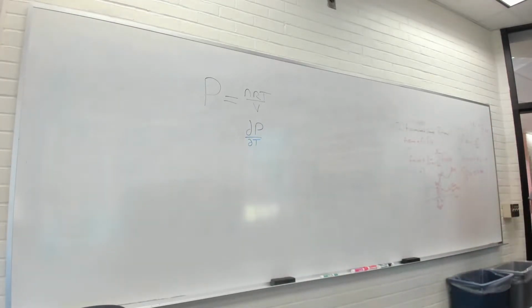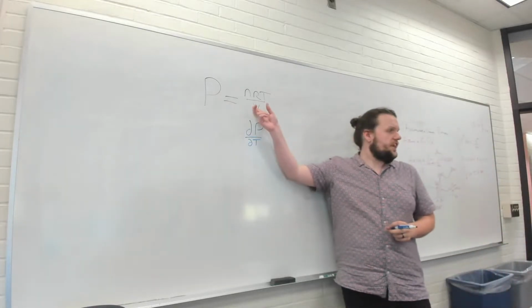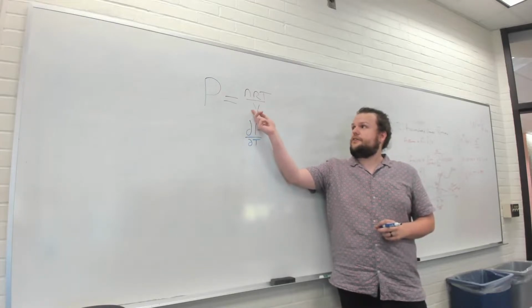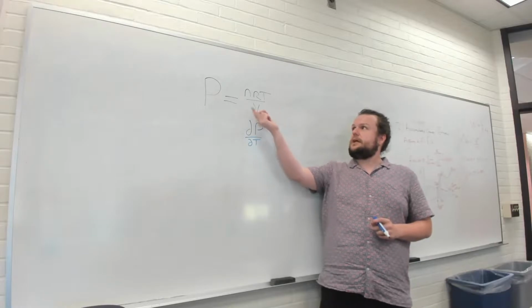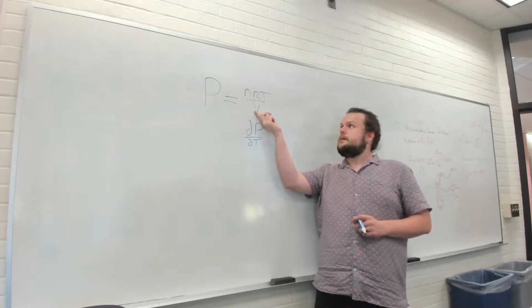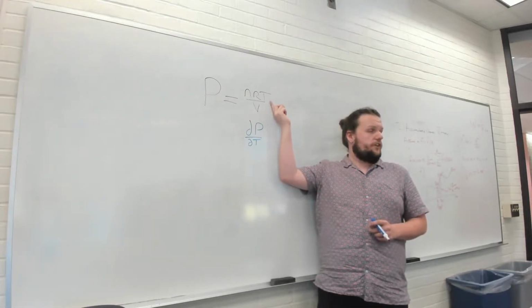Well, that's tricky because we don't know how n or V are changing. If we could, for instance, fix n and move V, T will change, right? T is a function of V, and V is also a function of T.